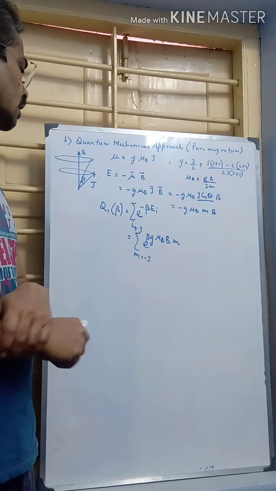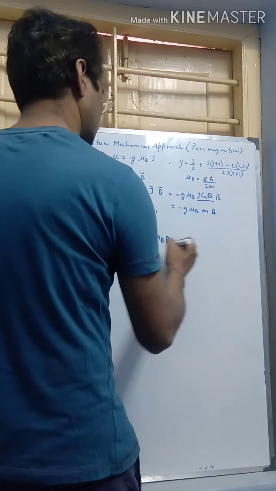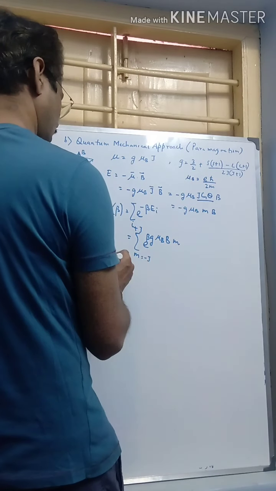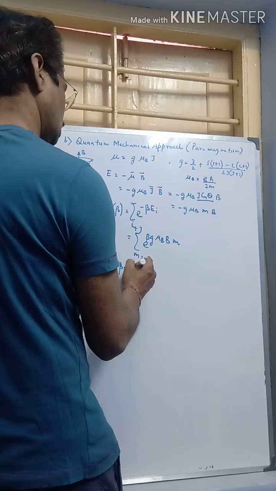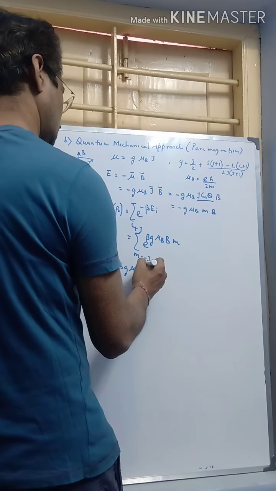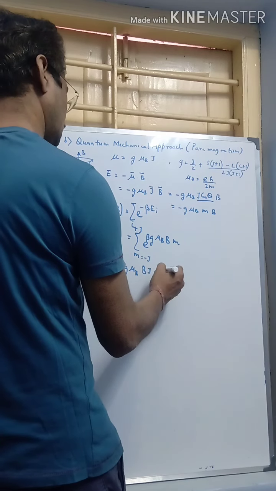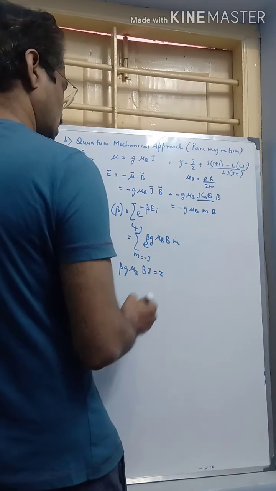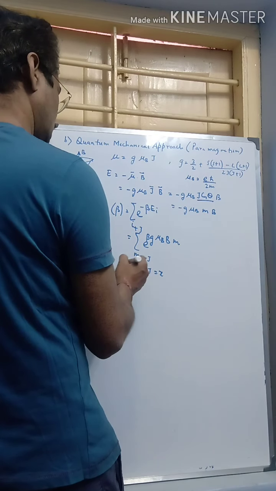From here, let's say we assume that beta g mu_B B times J is equal to x, we intentionally assume this beta.